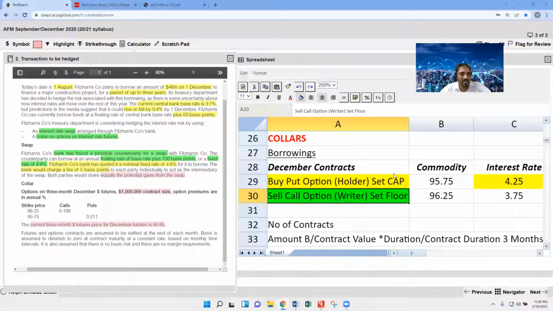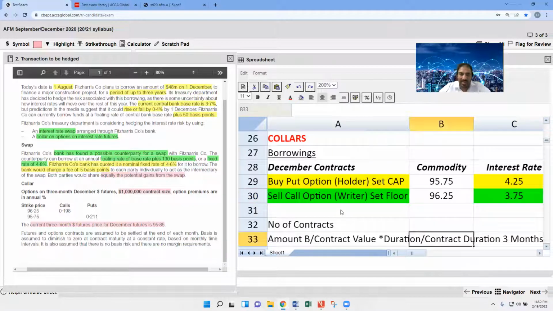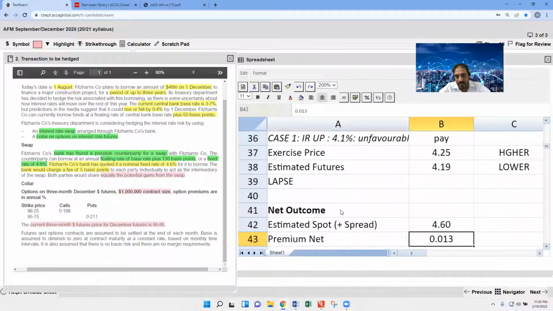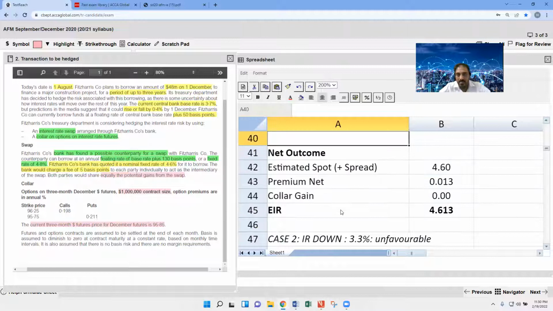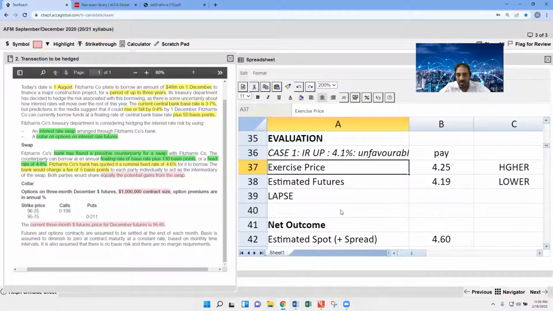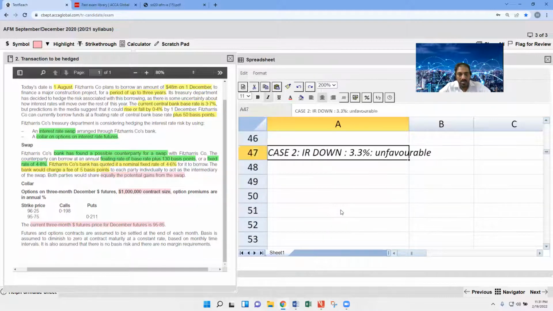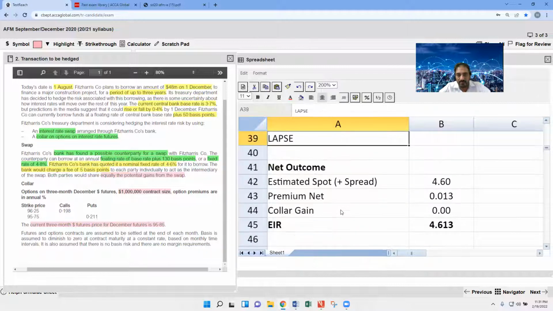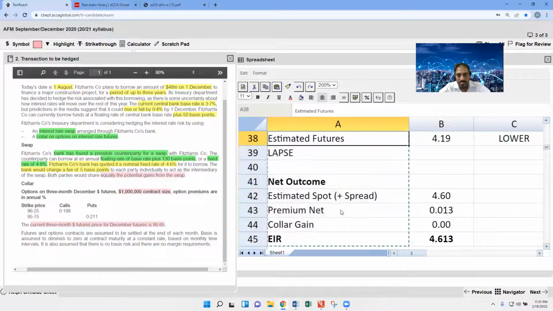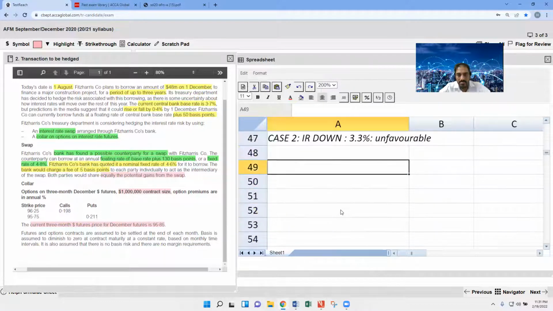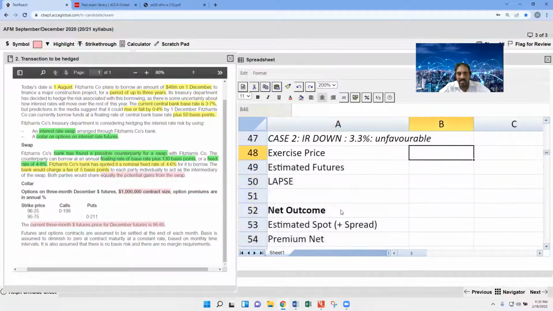whether the counterparty will exercise or not. Number one, the exercise price.